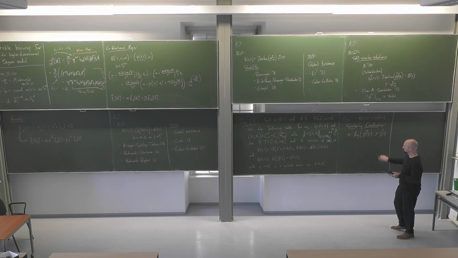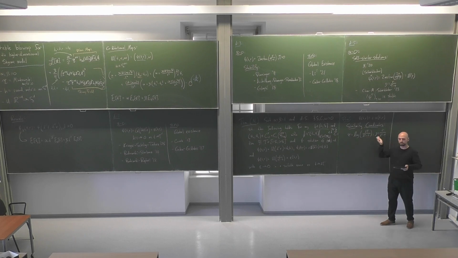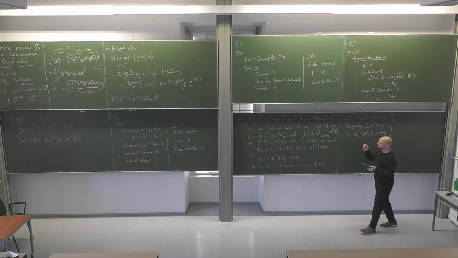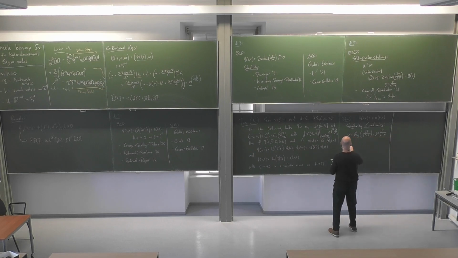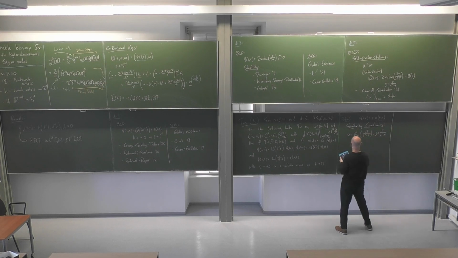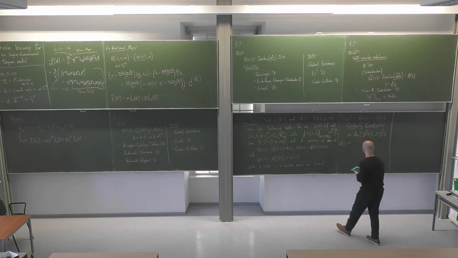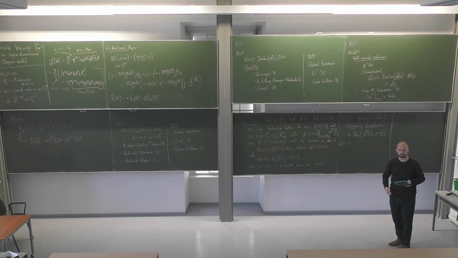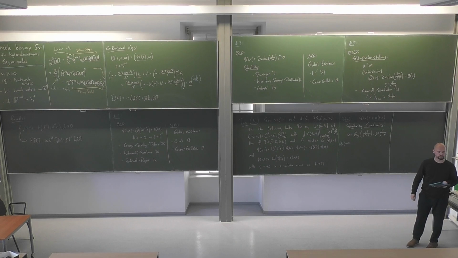It sends them into vertical lines. So this transforms the backwards light cone into an infinite cylinder. And this has the effect of, in the new unknown, capital U, the original equation transforms into one in which I can precisely make sense of the wave maps terms as being small.